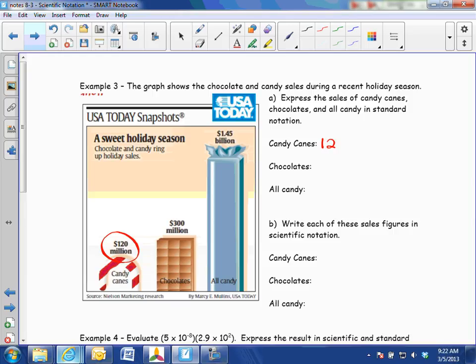Yep. So if I write it like this, is this in scientific notation? Why not? It could be smaller, because this number in front isn't between 1 and 10, right? So we need to move the decimal here. But they wanted it in standard notation first. So how are we going to take this number and write it in standard notation?